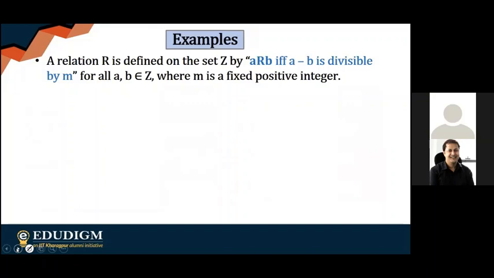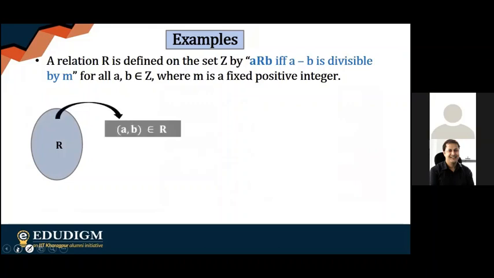Basically we have taken a relation R on the set of all integers, based on the fact that A is related to B provided A minus B is divisible by a fixed positive integer M. Now what is the general procedure here? From the relation, I'm going to simply take an ordered pair. Now we have to show that the inverse pair is also present there. But before that, I'm going to use the definition.